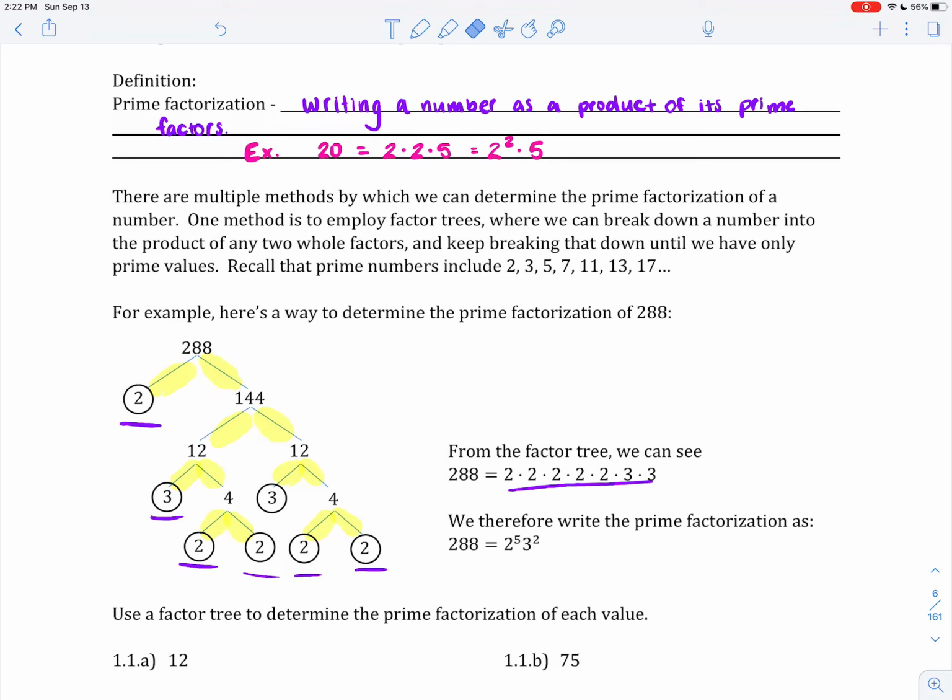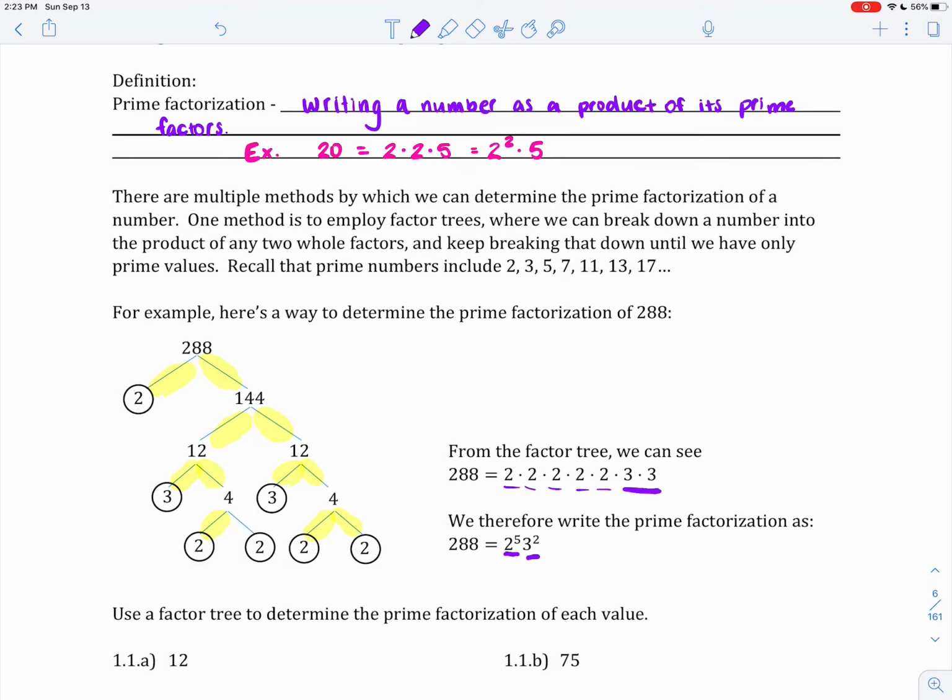But instead of writing it out, so that we have this long multiplication statement, we can actually simplify and say, well, we have the product of 2 five times. We could say 2 to the power of 5, and then 3 to the power of 2.